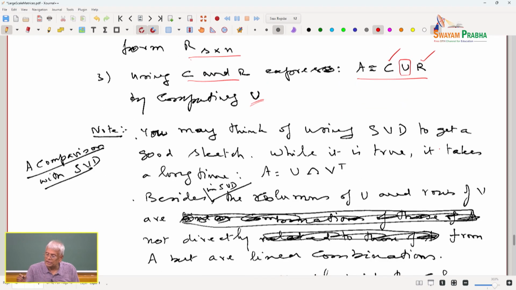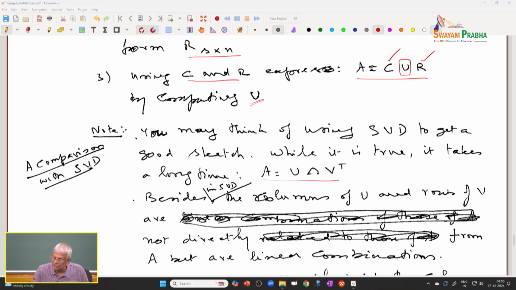You may think of using SVD to get a good sketch. Please understand, a sketch can be obtained in several ways. If you have SVD, A is equal to U lambda V transpose. So, I can pick any number of eigenvectors.